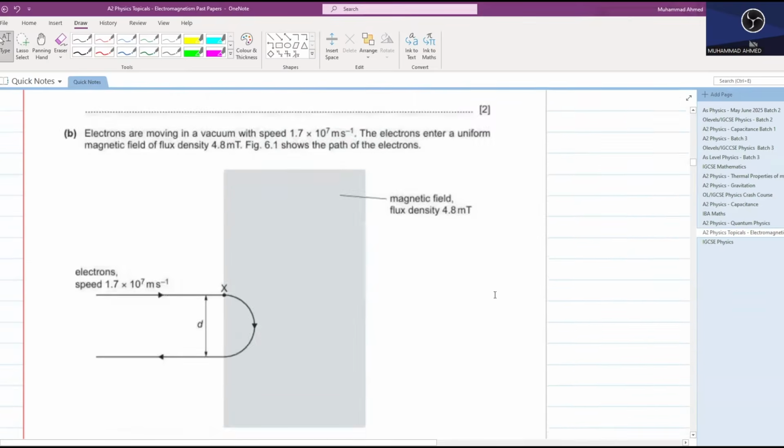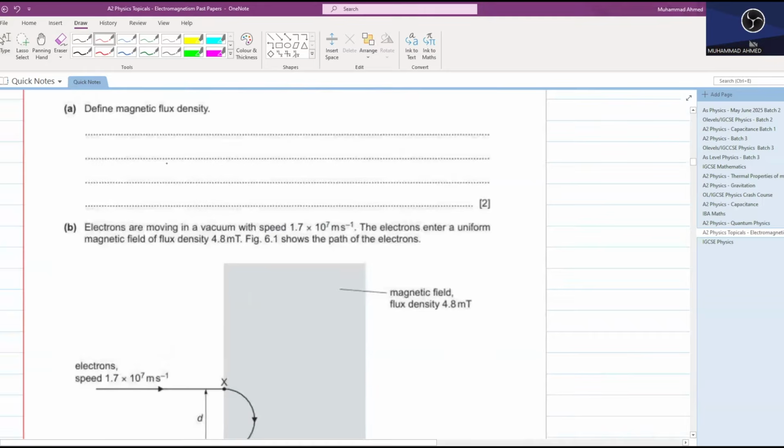Let's move on to the next question. Define magnetic flux density. Magnetic flux density is represented with a symbol of what? B. And do you remember a formula for B? B is equal to F over I L. So how will we define it?